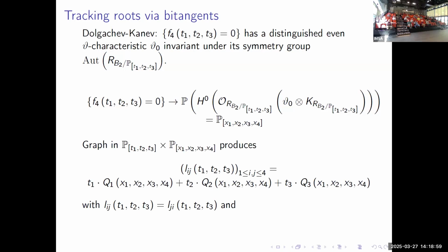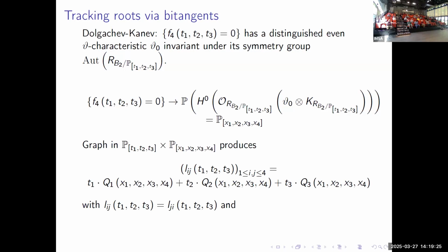The graph of that morphism produces in the T cross X space three quadrics parameterized. So what's it called, is it a net or a web? It goes pencil, web, net.